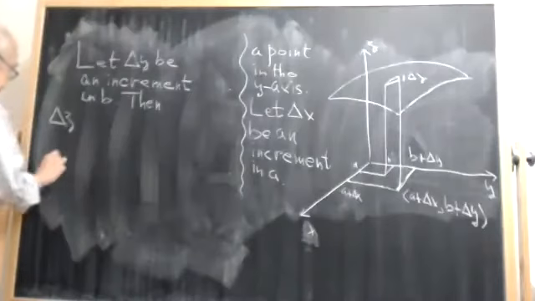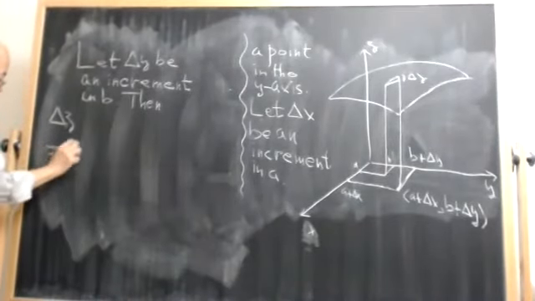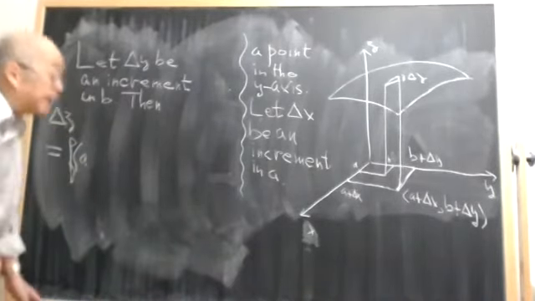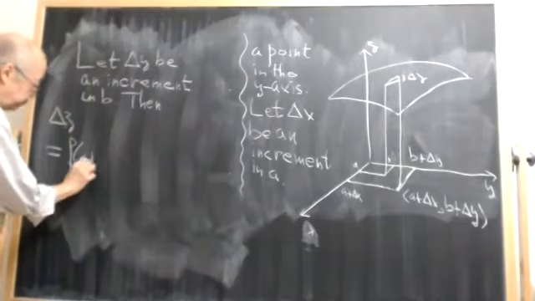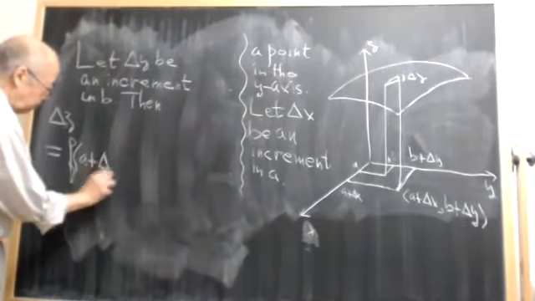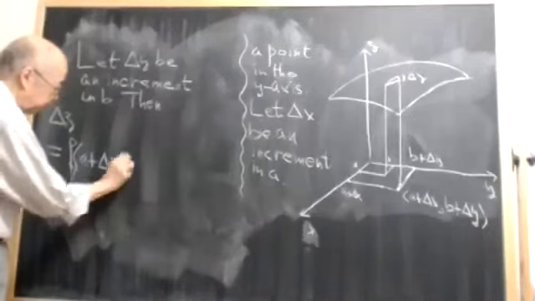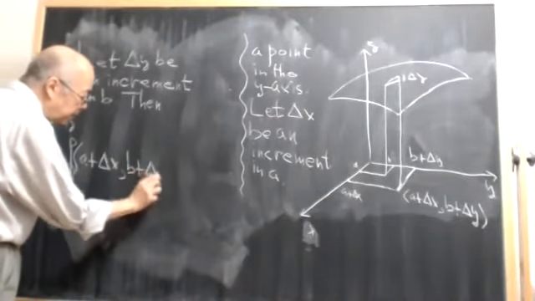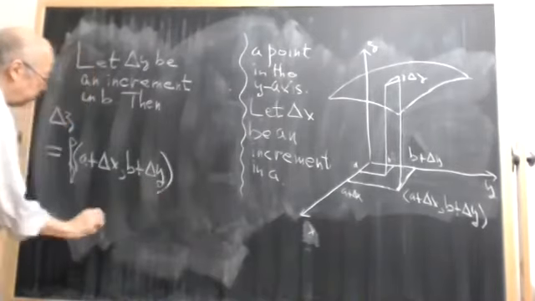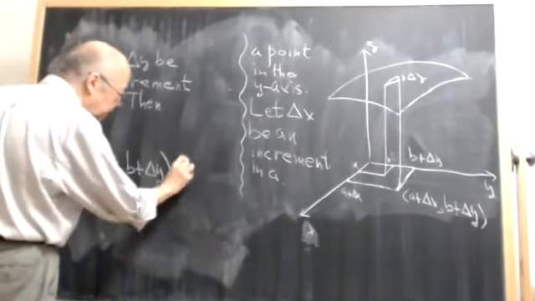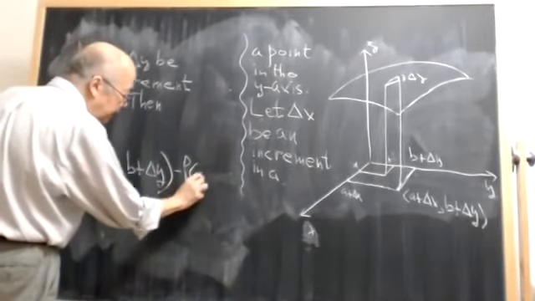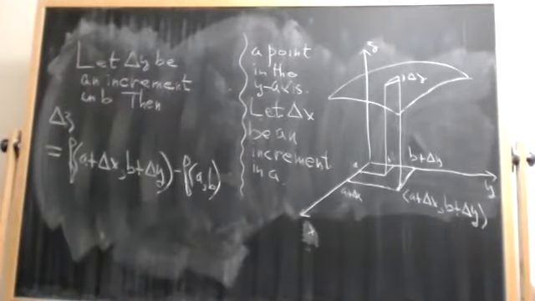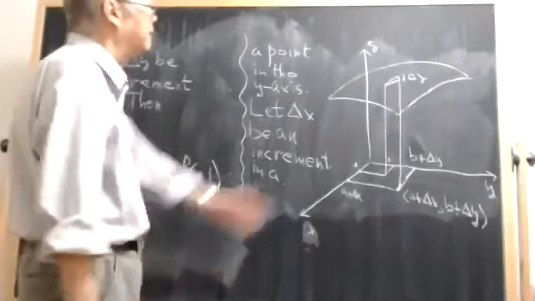So delta Z is f at A plus delta x, B plus delta y, minus f at AB. Right? From this picture.